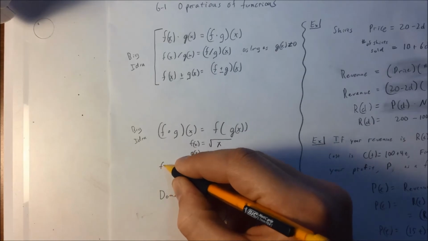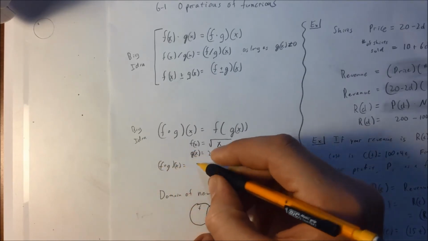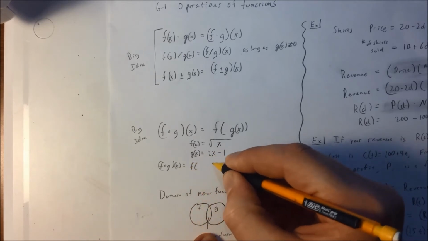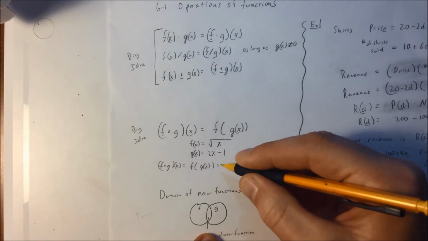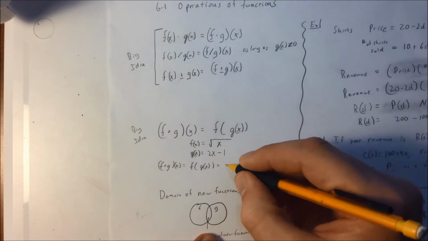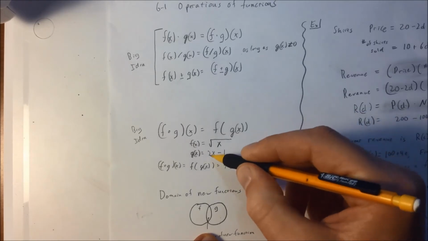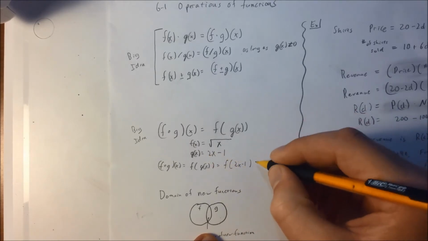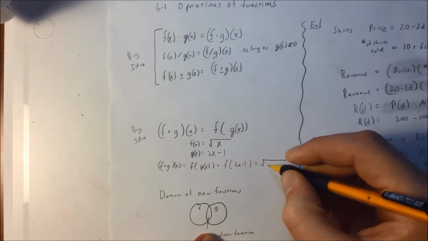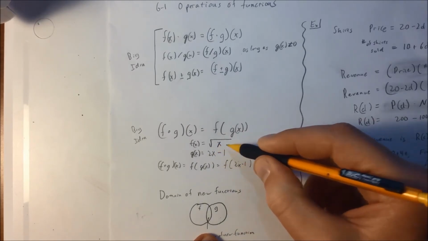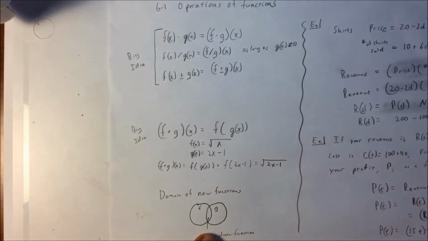So f of g of x is really just f with g of x inside it. g of x is 2x minus 1, because that's what g of x is. And since f of x is the square root, it's going to be the square root of, instead of x, I plug in 2x minus 1.